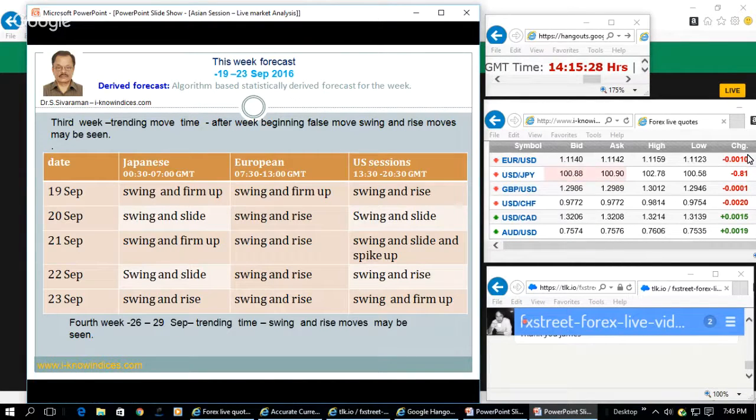Now you find that they are making the contrarian move in the case of yen crosses, Euro, GBP, as well as USDJPY, are showing negative net change. And also the European crosses, Euro, GBP as well as USD CHF are showing negative net change. So by making a downward move, they induce the traders to commit positions, and later on they are expected to make the opposite of the same contrarian move after the FOMC.